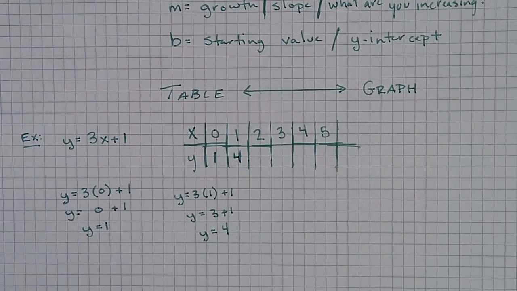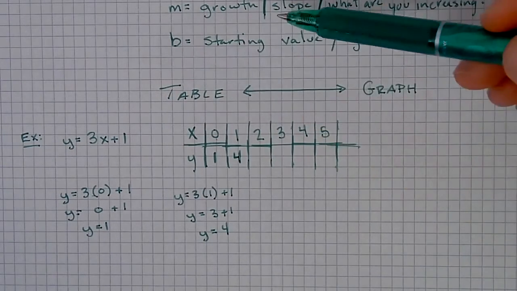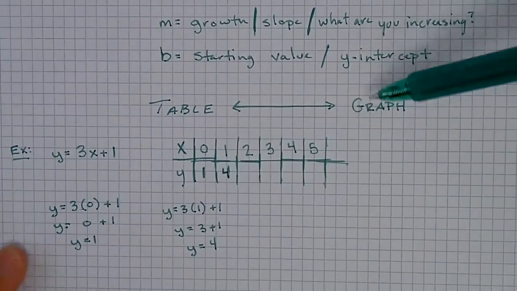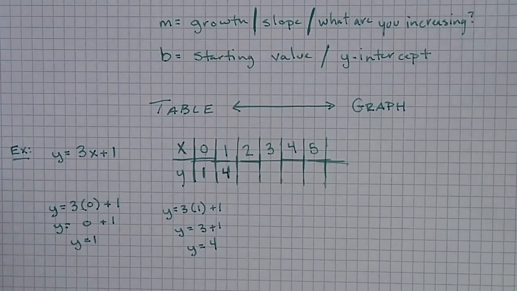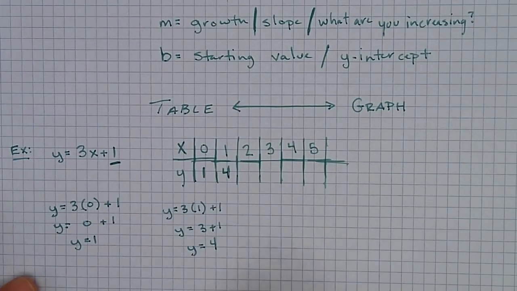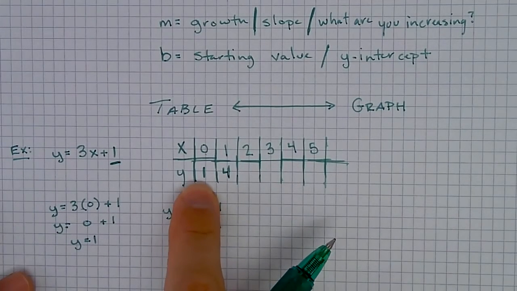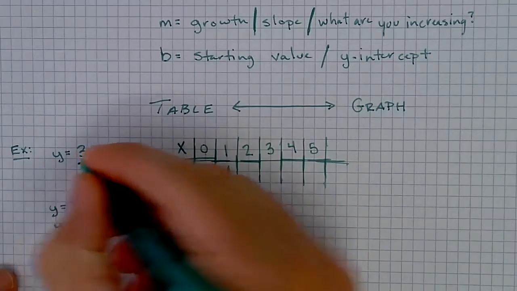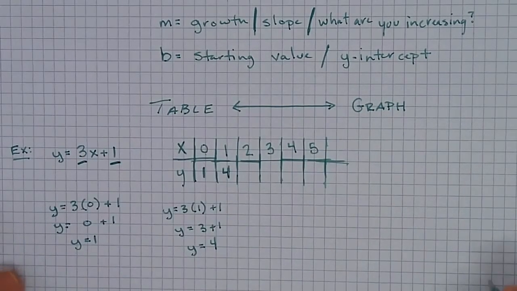The easier way would be to recognize, what is my starting value? And what is my growth? So here's my starting value, 1. That's going to be what I plug in when x is 0. This is my growth. It means what I'm growing by each time.